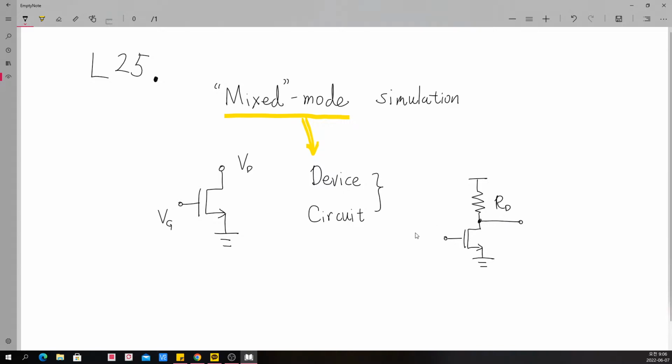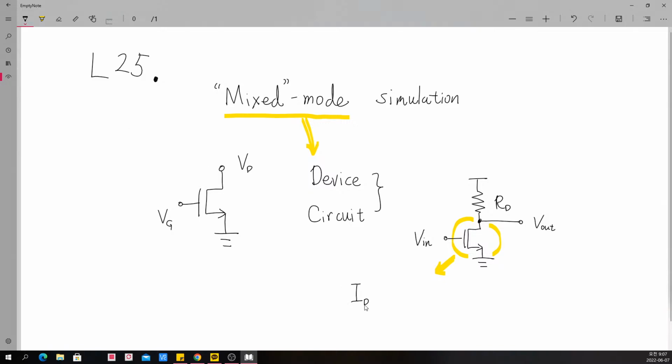We just apply a certain voltage and measure the output voltage as a function of the operation of this circuit. So how can we actually calculate this V out? One way is to obtain the properties of this MOSFET.